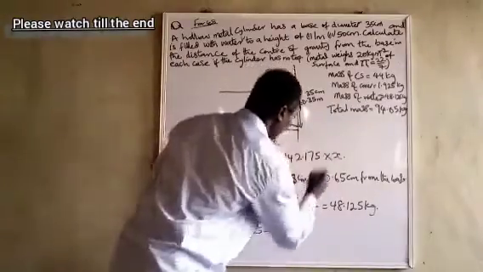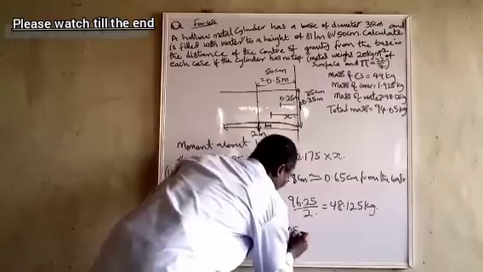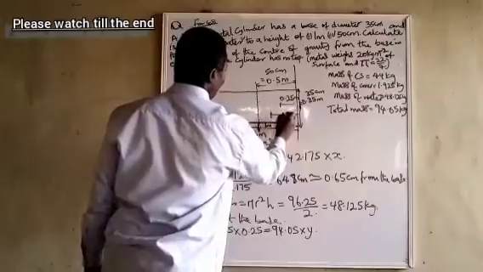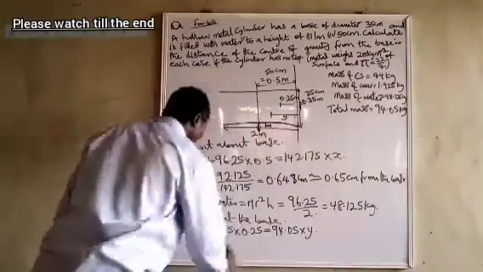It will be equal to 94.05 times y. That is the distance it will now add through. The total mass will now add through.